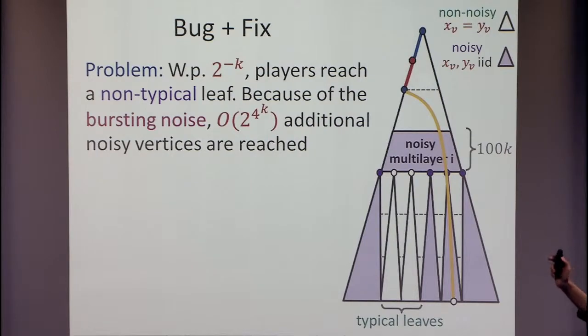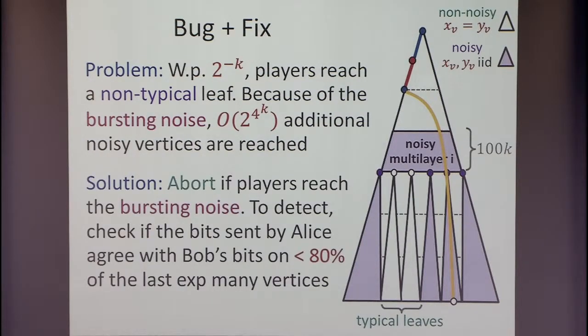So this is luckily easy to correct, and the way to correct it is that we have the players abort when they reach this situation. If you reach the bursting noise, we ask the players to abort, and it turns out that they can actually tell whether they got to the bursting noise.